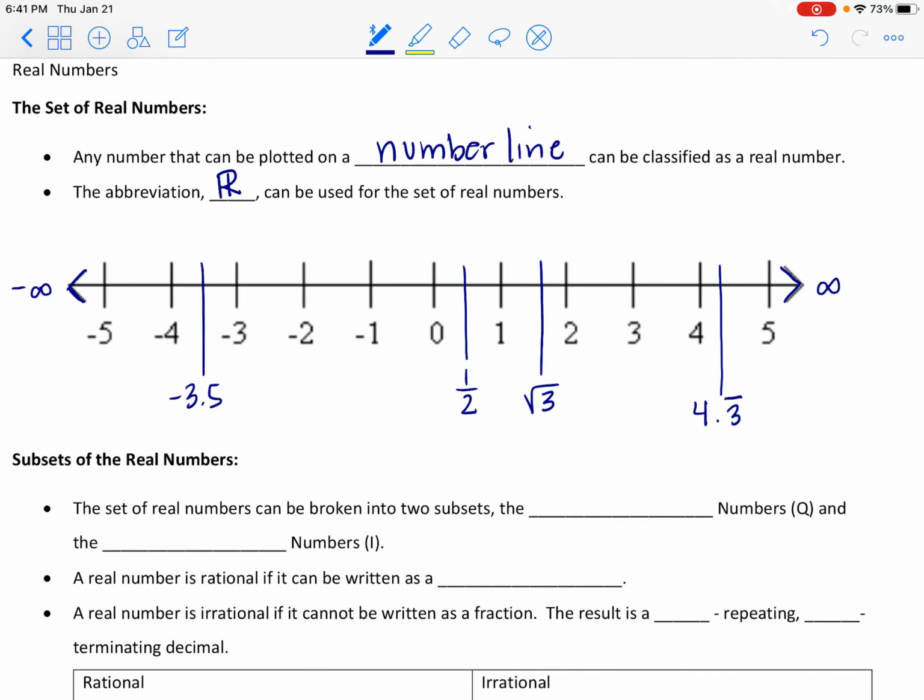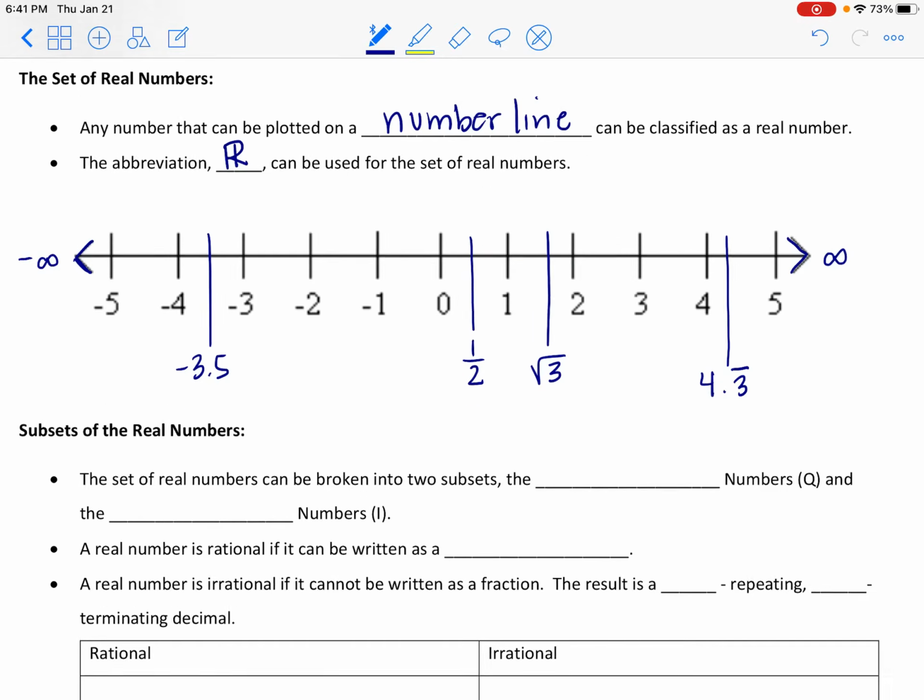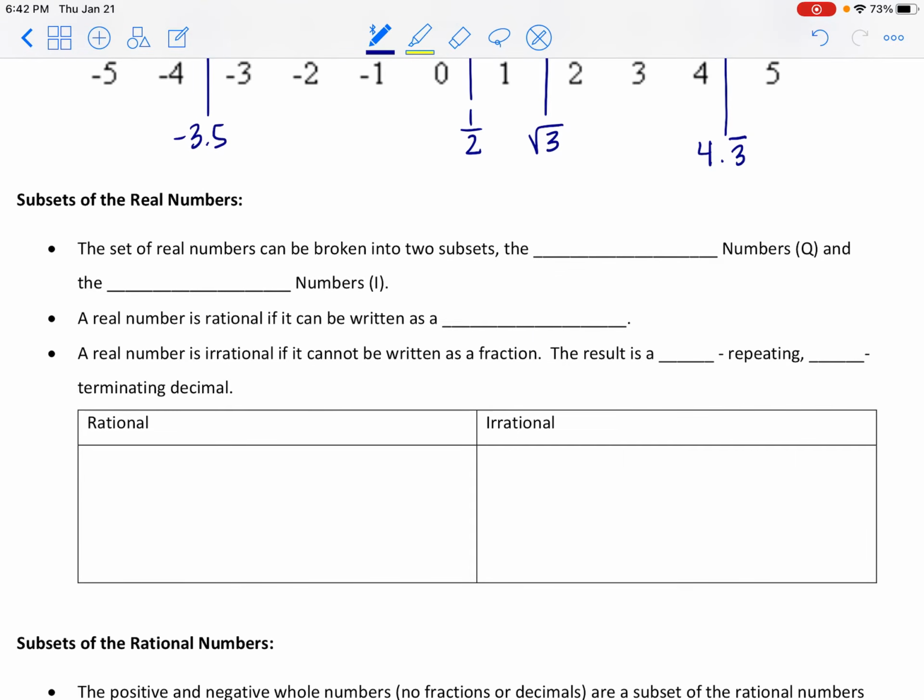Now the subsets are a little trickier because they're a little more distinct. So some subsets of the real numbers. Well, the set of real numbers basically breaks into two major subsets. So all of our real numbers are numbers that we can either write as fractions or we can't. So the rational numbers are the real numbers that we can write as fractions.